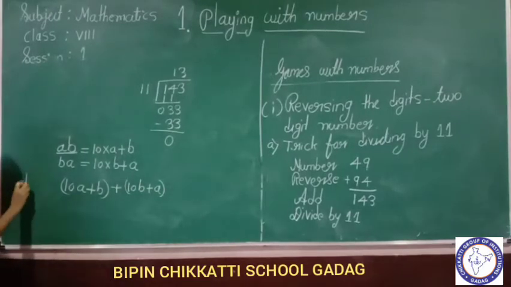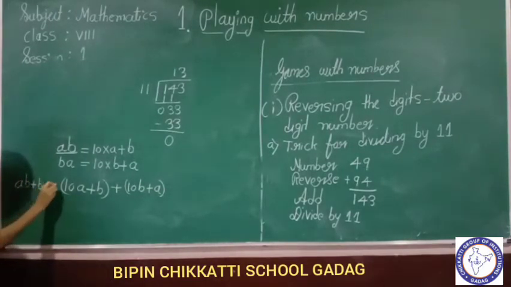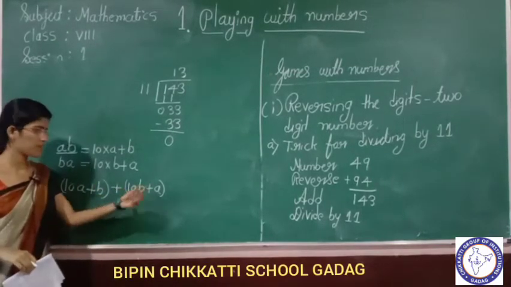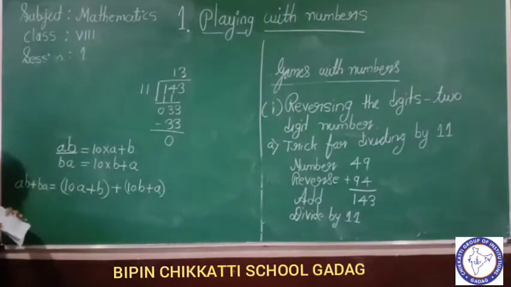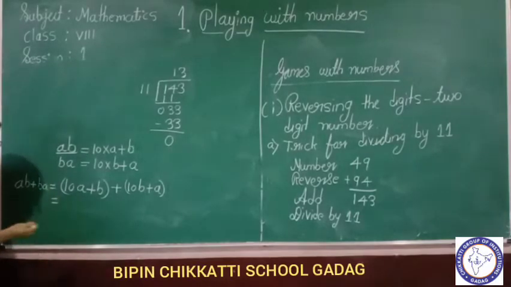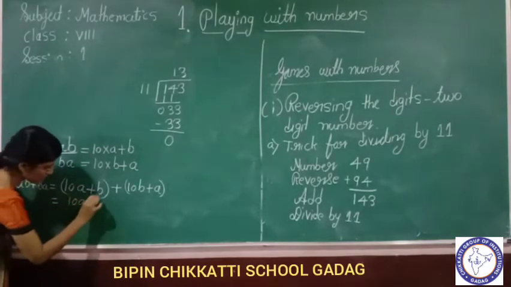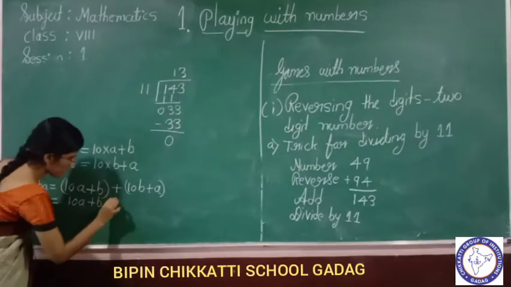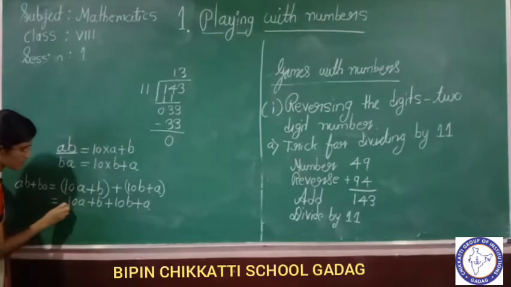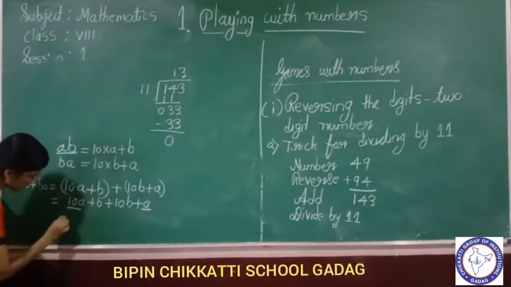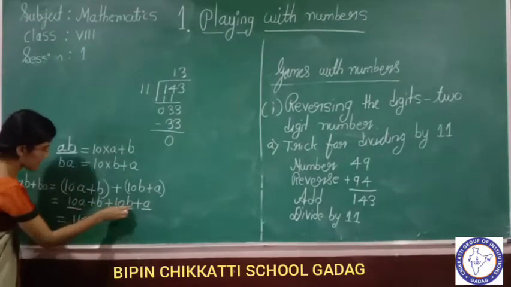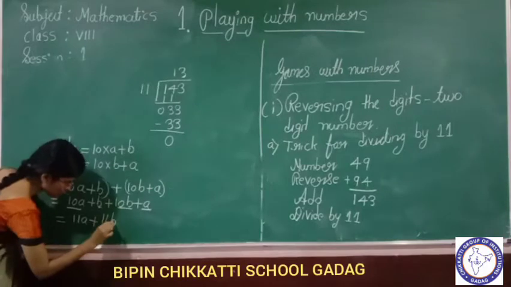AB can be written as 10A plus B. BA can be written as 10B plus A. See, when I do the addition of these, what am I getting here? 10a plus b plus 10b plus a. 10a plus a is 11a, plus 10b plus b is 11b.